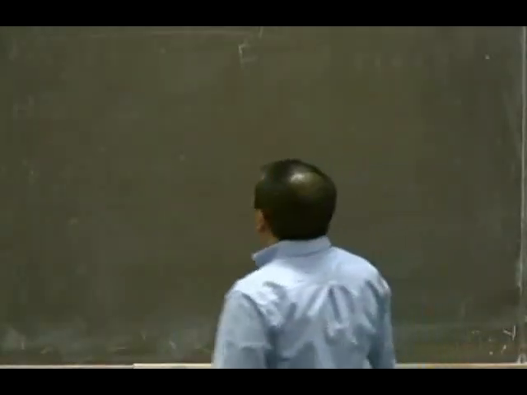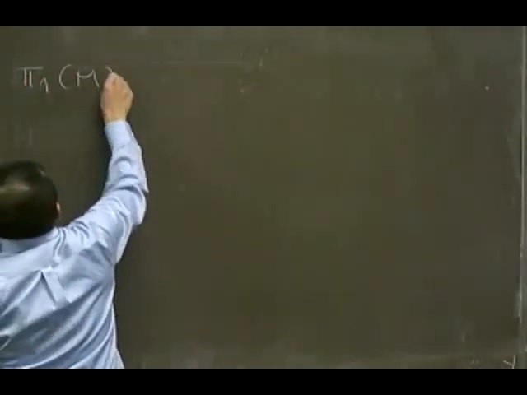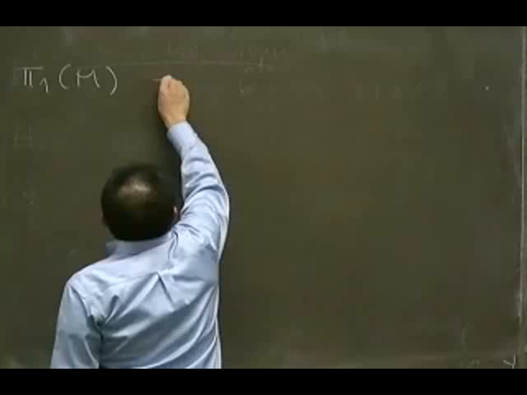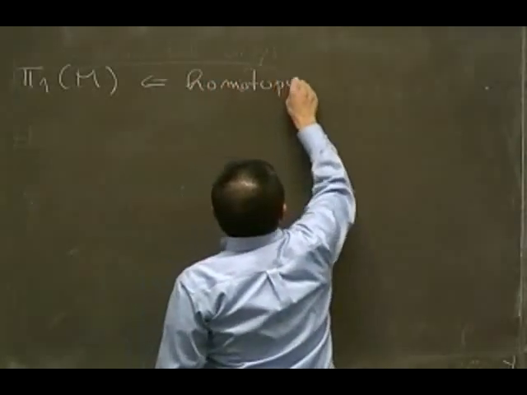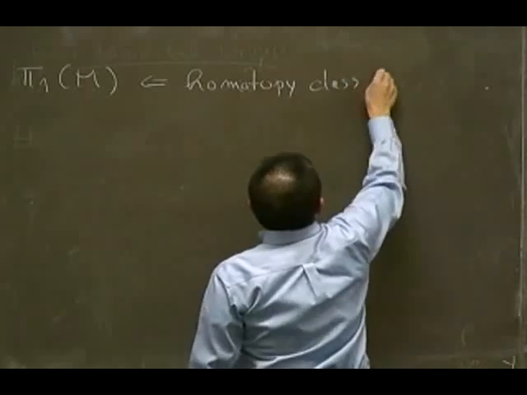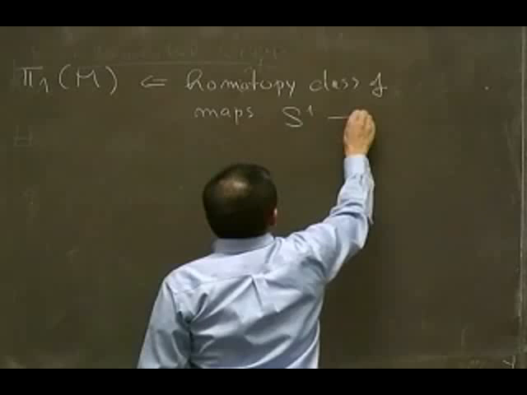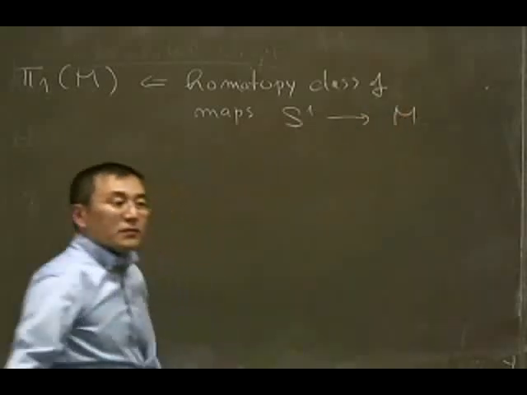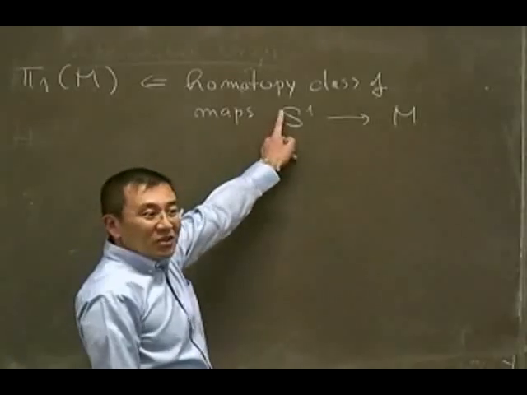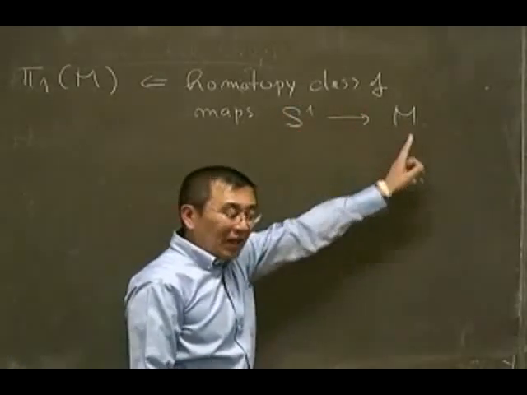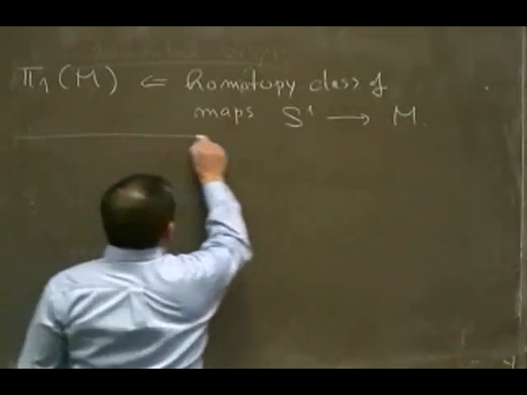Okay, so far we were considering pi 1 of M, and this has to do with homotopy classes of maps S1 to M. So a natural generalization of this kind of construction is to consider maps from Sn to M. And so that's exactly the higher homotopy group.